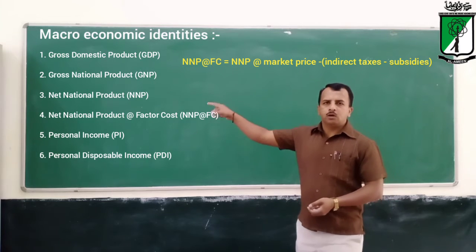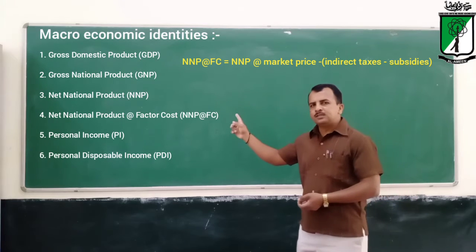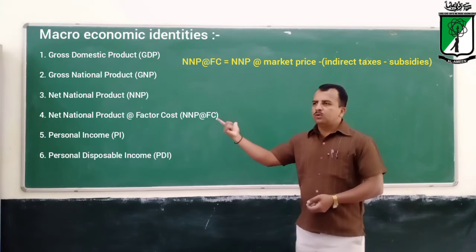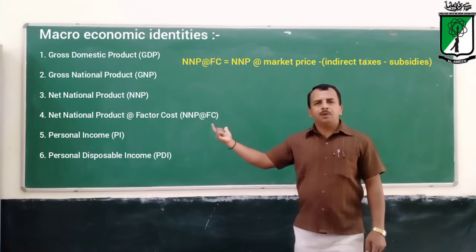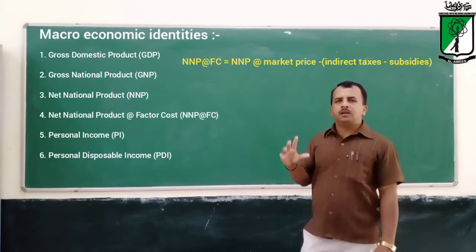NNP, which you already explained, means GNP minus depreciation cost. That is NNP at market price, which is the national income at market price.